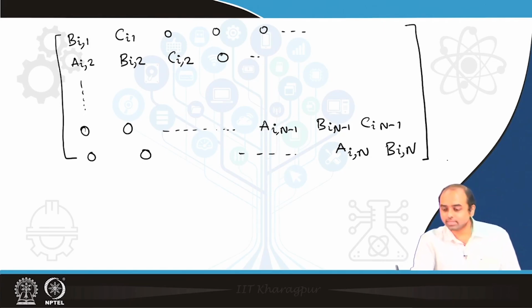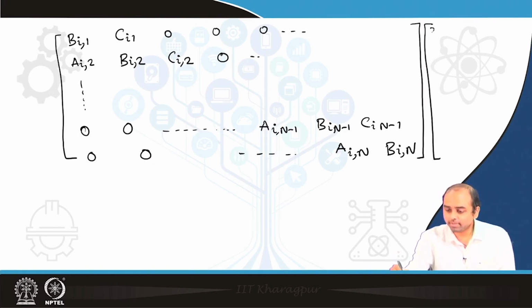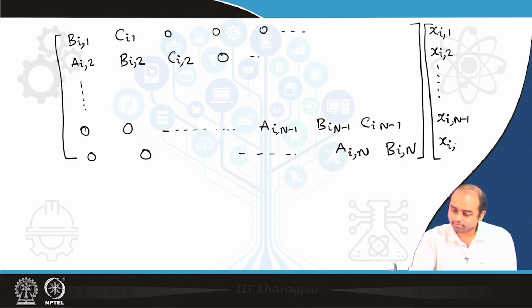Right. So this is the tridiagonal matrix that we are getting here, and each of these rows would be multiplied with xi comma 1, xi comma 2, then xi comma n minus 1, and xi comma n.